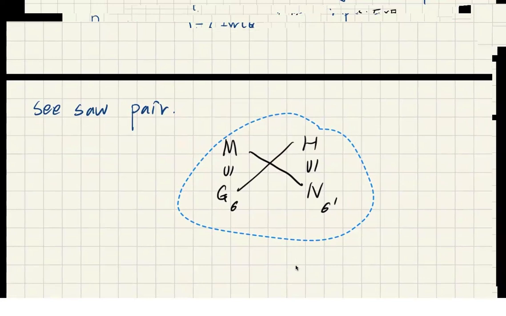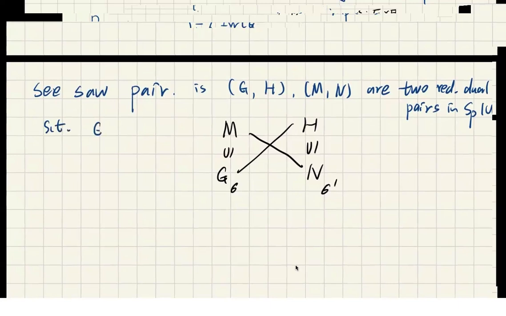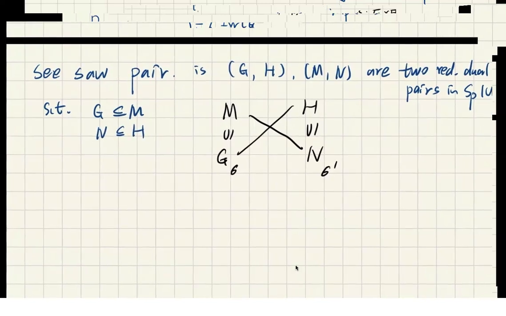A seesaw pair is basically a pair of reductive dual pairs, G and H, and M and N are two reductive dual pairs in Sp(W) for some big W, and it satisfies the condition that G is contained in M. As a consequence, N is contained in H. I'm using this diagram to denote the relation: something below is a smaller group, something above is a bigger group.